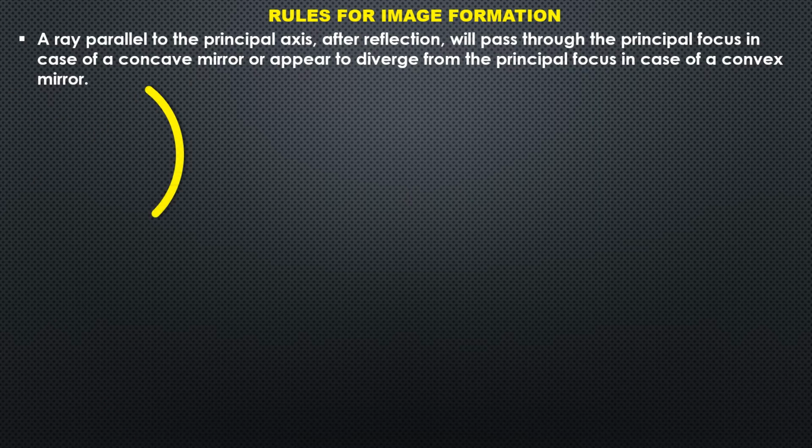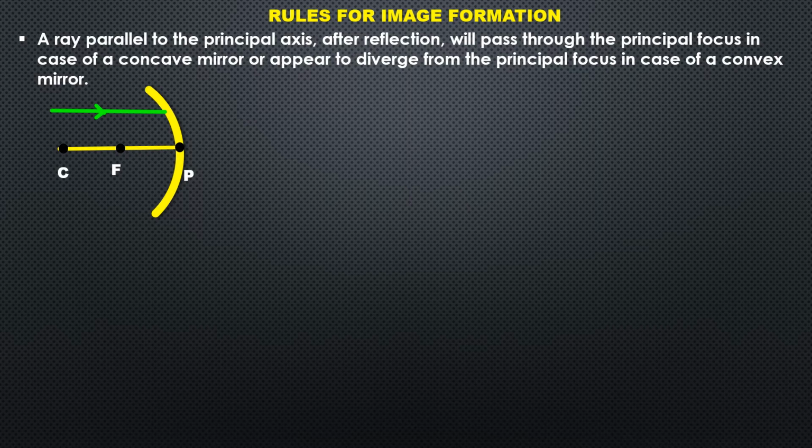So suppose we have our concave mirror. This is the principal axis, pole, focus, and its center of curvature. These have already been explained. Now a light ray, which is initially parallel to the principal axis, is incident on the concave mirror here.